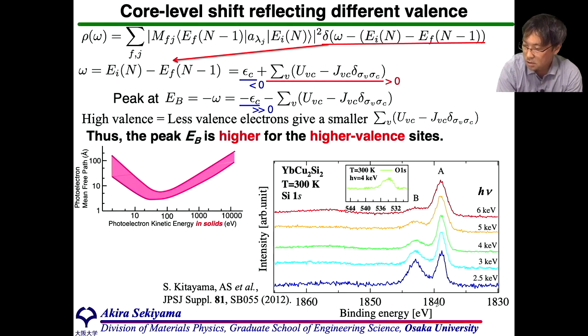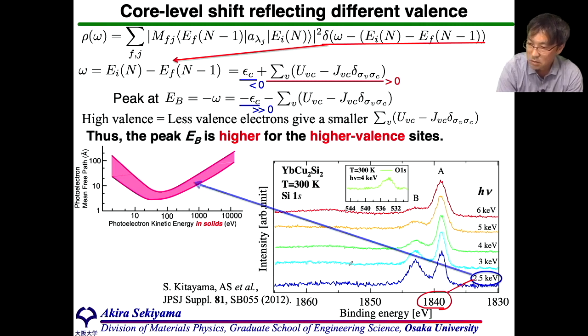Silicon 1s peak binding energy is of the order of this one. Therefore, the photoelectron kinetic energy at the photon energy of 2.5 kilo-electron volt, the mean free path is of the order of 10 angstrom or something like that. And here, in the electron kinetic energy dependence of the mean free path.